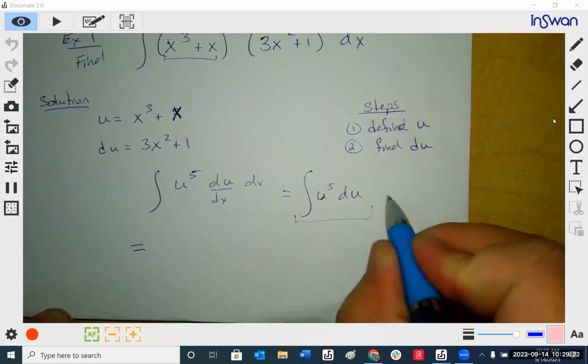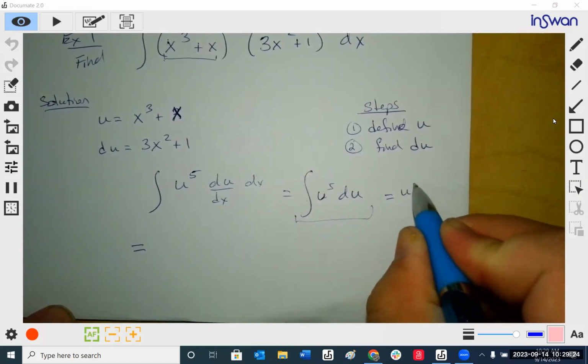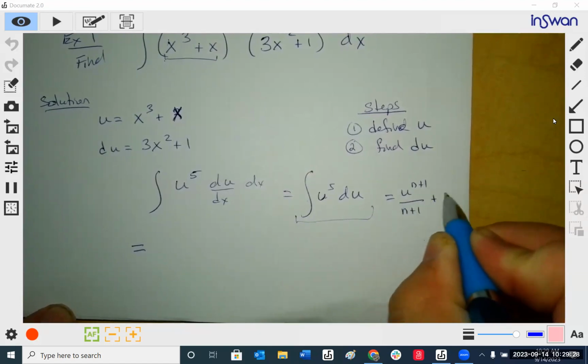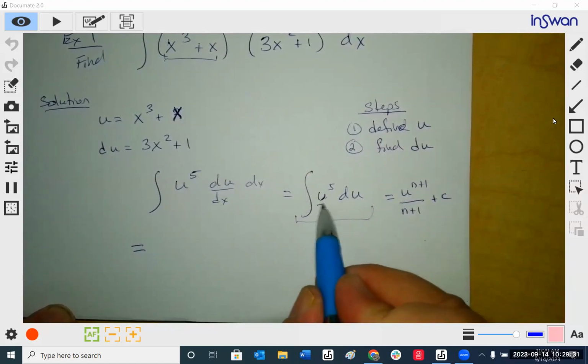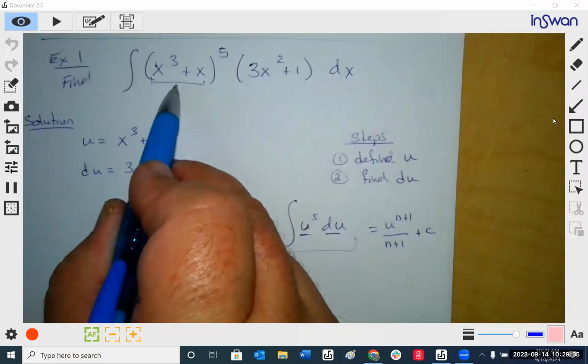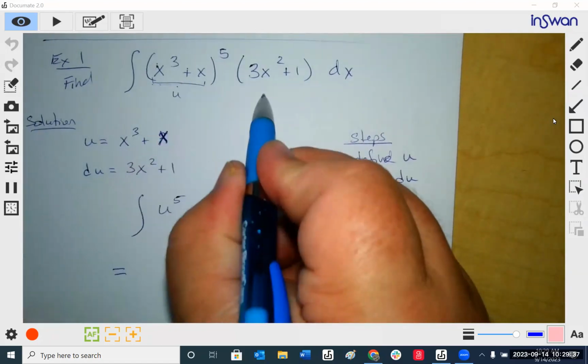So the answer will be u to the n plus 1 over n plus 1 plus c, because it matches these two conditions. Here's u, that's u, and this is du.